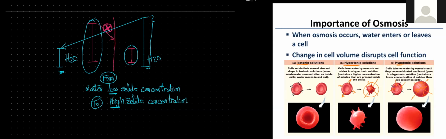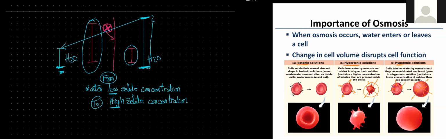They think because I'm traveling from low to high means I am moving against the concentration gradient and it's not going to be a passive transport. No, it's not. Why is it not an active transport? Because the water itself travels from high to low, not low to high.